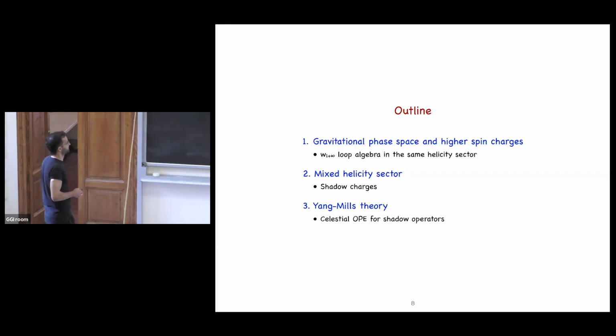Then you can do the same story for Yang-Mills, and in that case, I will give you some examples of how to use the mixed helicity bracket in Yang-Mills to put some constraints on the celestial OPE for shadow operators and relate to some of the results that Monica and Mina have shown in the paper I mentioned before.